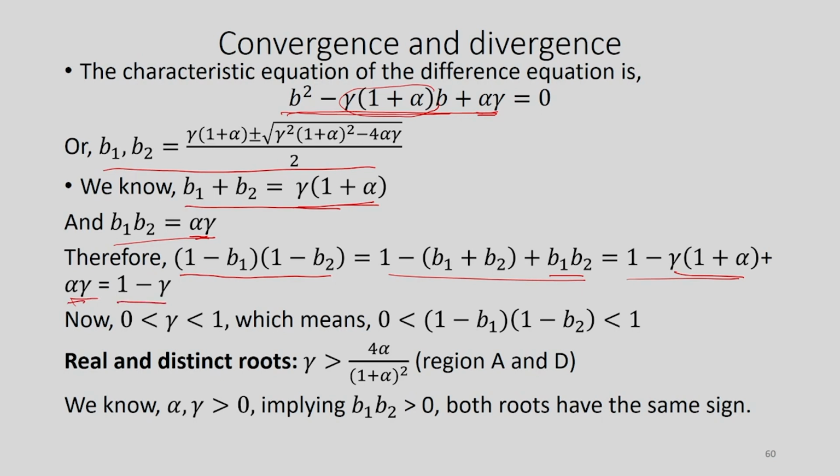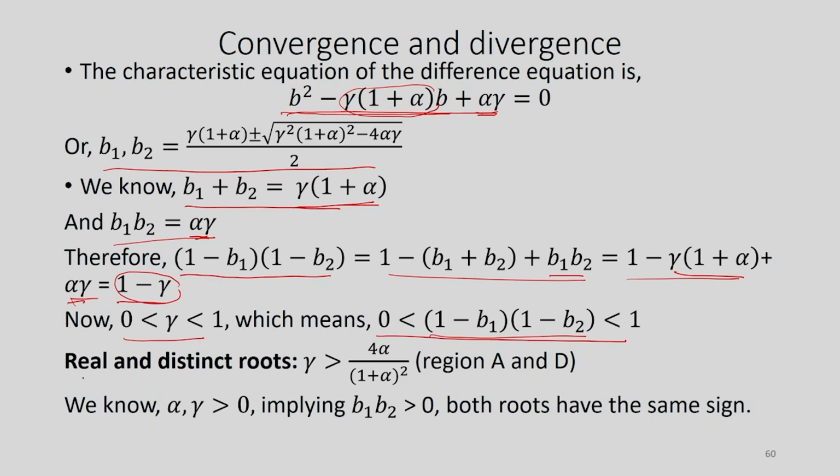Okay. Now, gamma, as we know, lies between 0 and 1, the marginal propensity to consume. So, 1 minus gamma also will lie between 0 and 1, and therefore 1 minus b1 multiplied by 1 minus b2 lies between 0 and 1. Okay. So, these are certain things that we shall be using now.